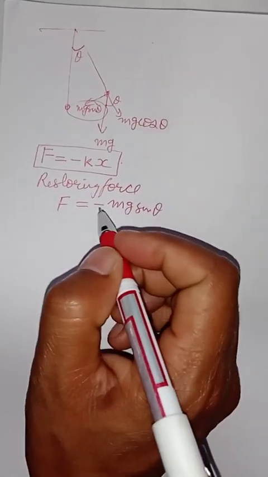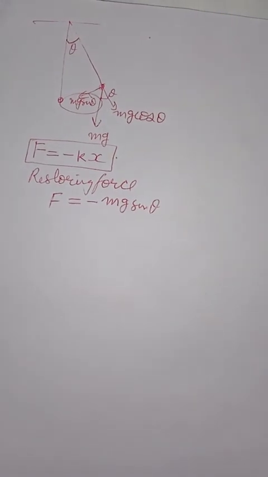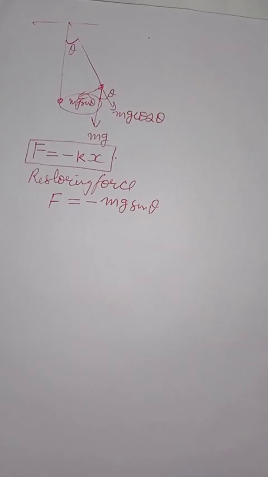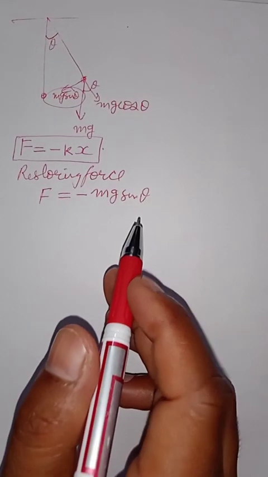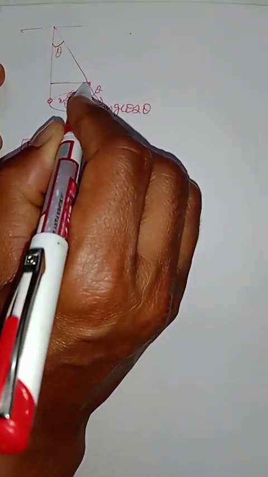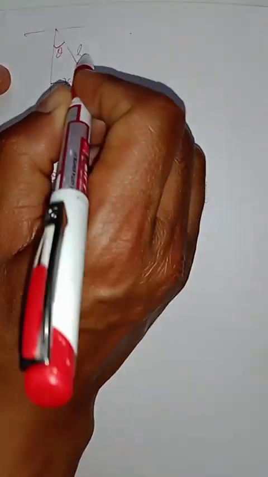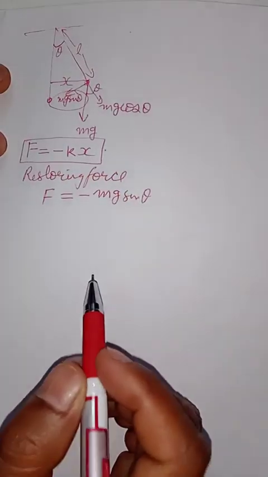So minus because restoring force, it restores, it is opposite to the displacement. Where is displacement here? Okay, so for that, let us suppose this is x displacement, and this is L pendulum length.